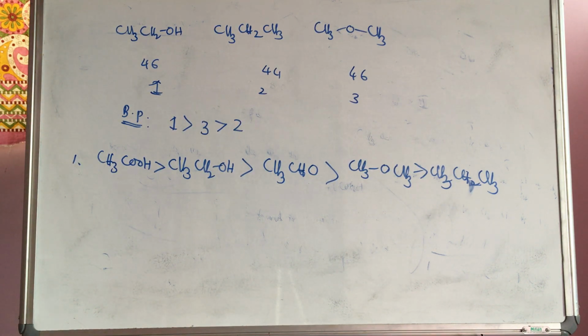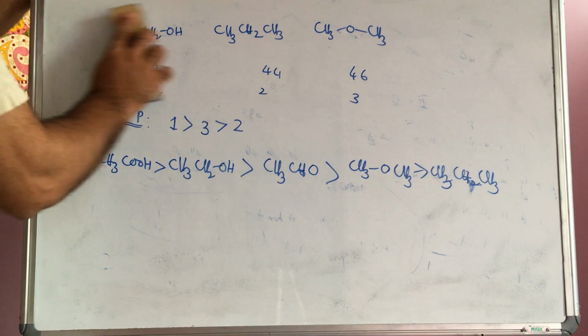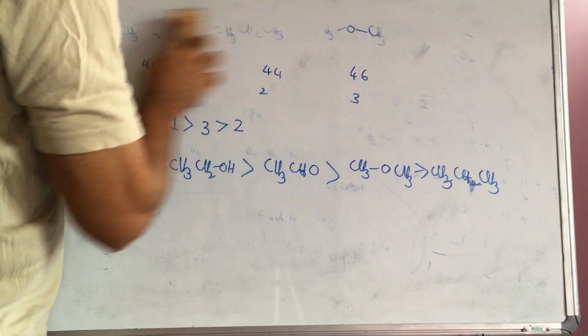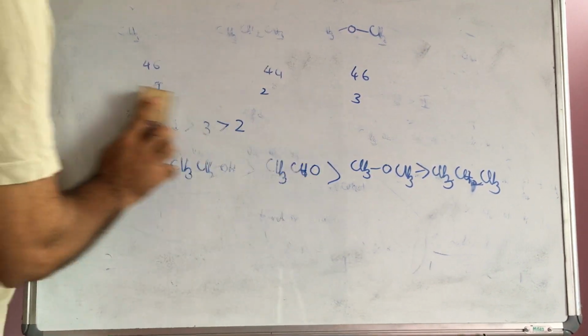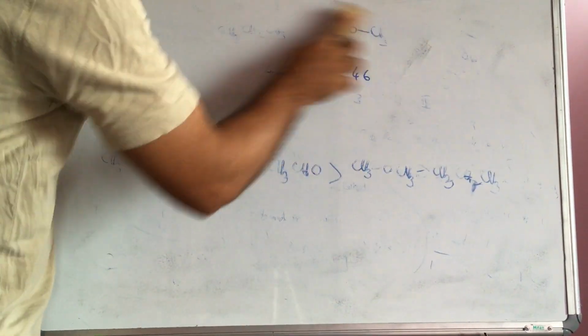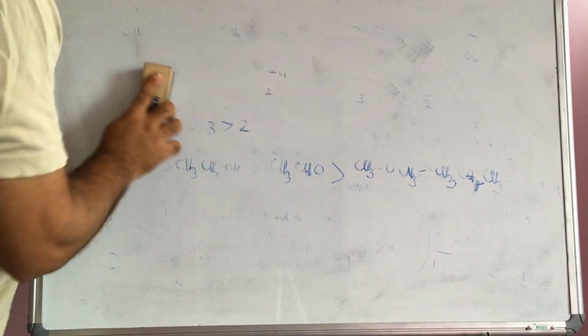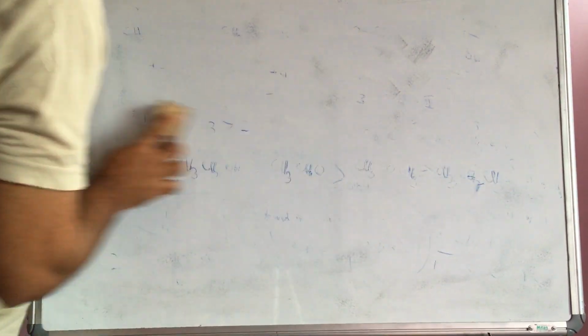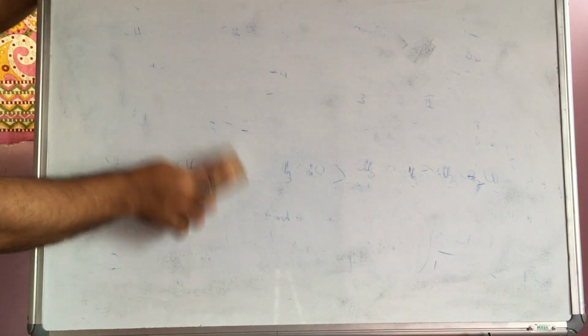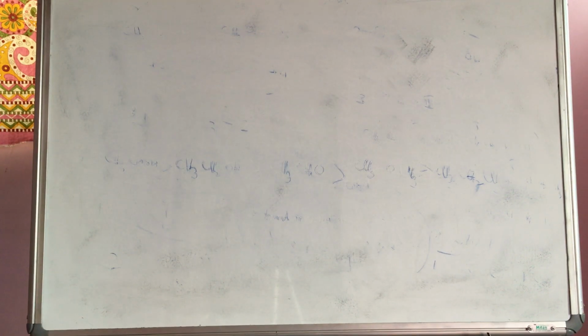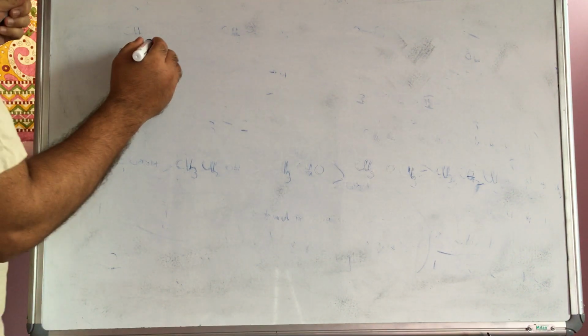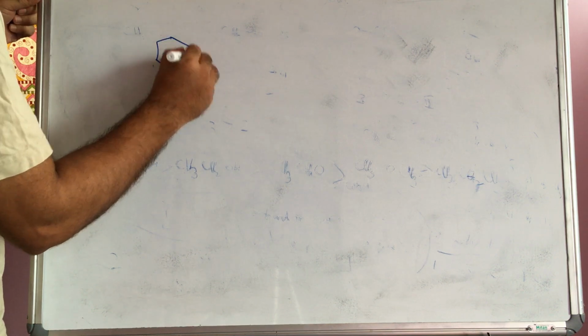Next, if you consider aromatic compounds, the earlier ones were aliphatic. We know orthonitrophenol and paranitrophenol. Which one has the higher boiling point? Both have hydrogen bonding, but orthonitrophenol has intramolecular hydrogen bonding.